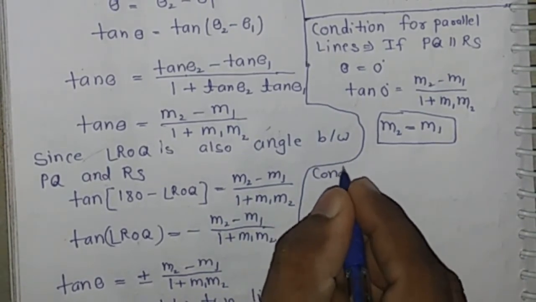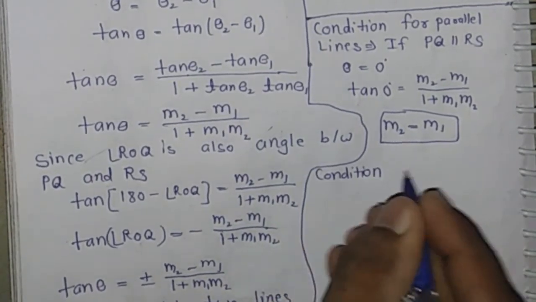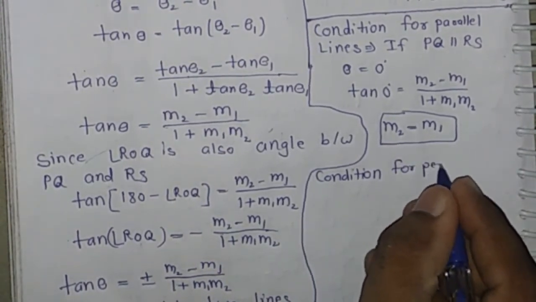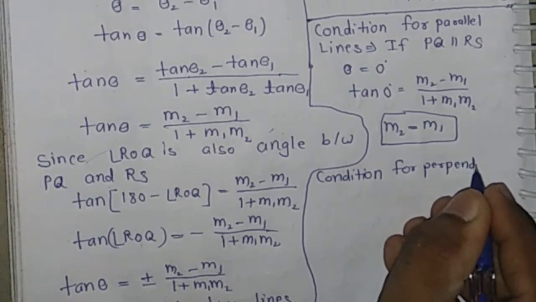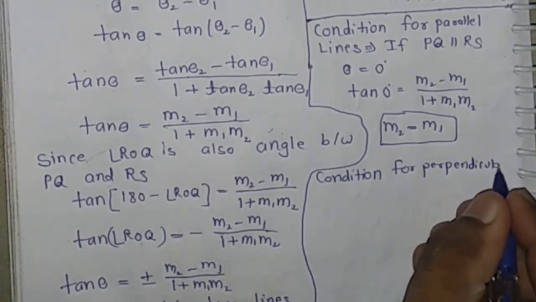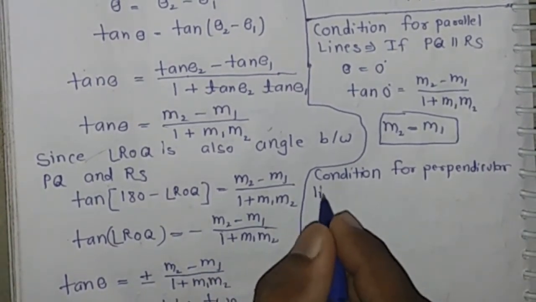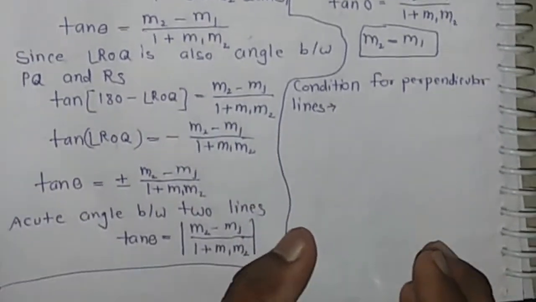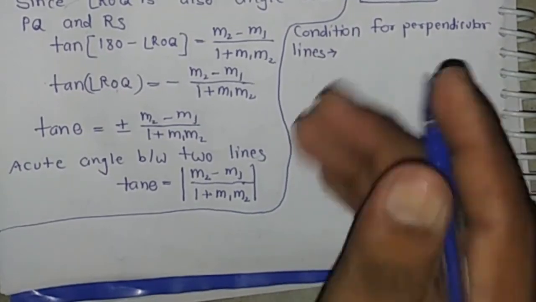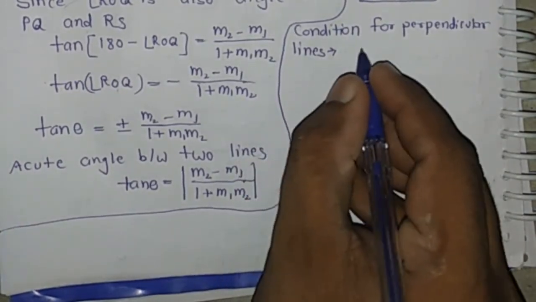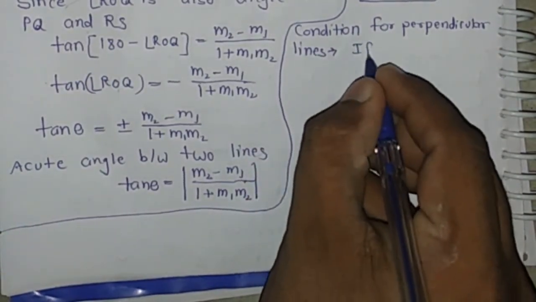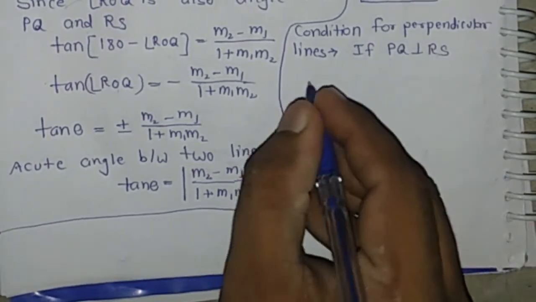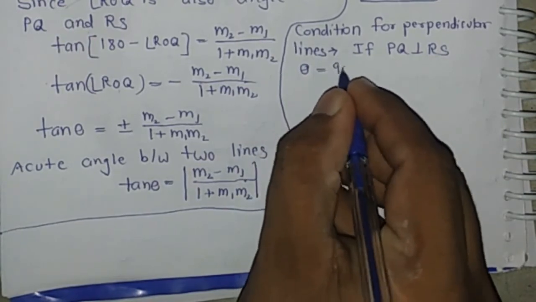Condition for perpendicular line. If PQ is perpendicular to RS, then the angle between these two lines is 90 degree.